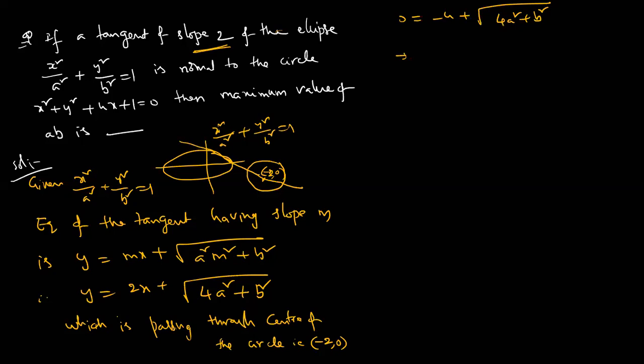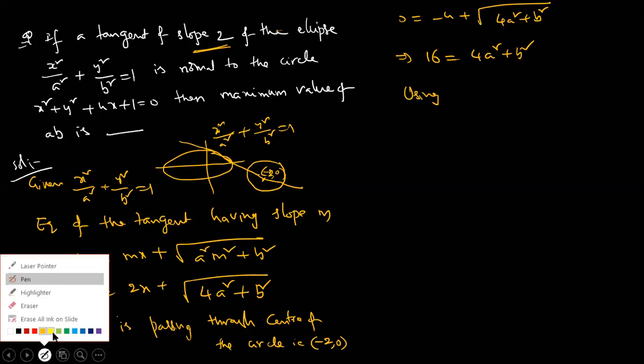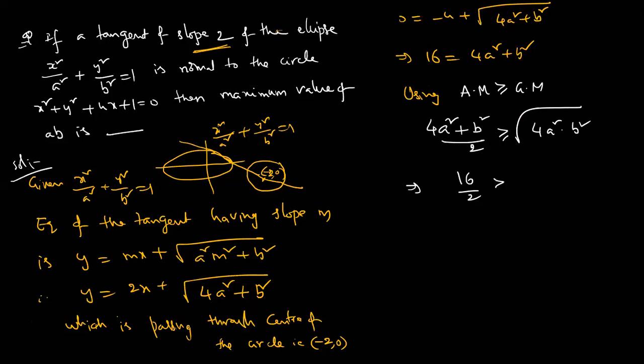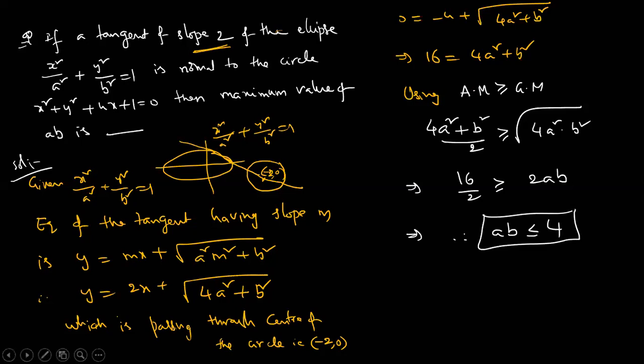So 16 is equal to 4a square plus b square. Now using AM greater than or equal to GM: 4a square is one unit, b square is the other unit, divided by 2 is greater than or equal to root of 4a square into b square. So this value is 16 by 2, dear students. So this is 2ab. Therefore, AB is less than or equal to that value, that is the answer.